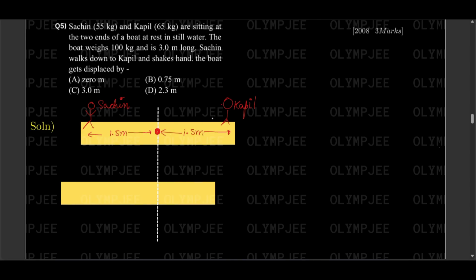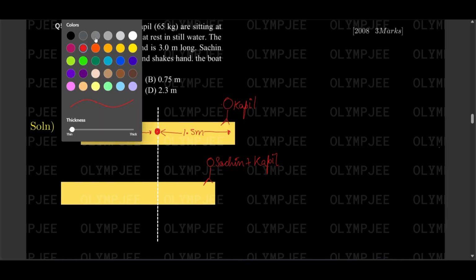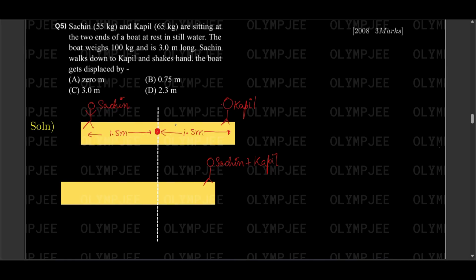And after, in the second case, Sachin and Kapil are on the same end. So Sachin plus Kapil are here. And since the mass of Kapil is more, so it is obvious that the center of mass will be somewhere here, right? The center of mass in this case should also be here.